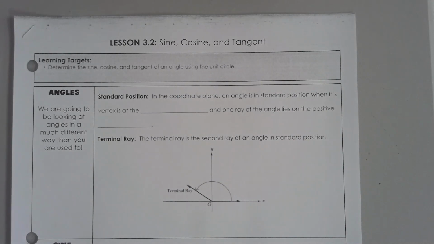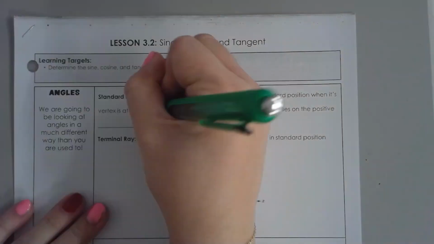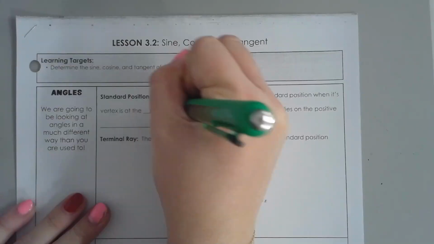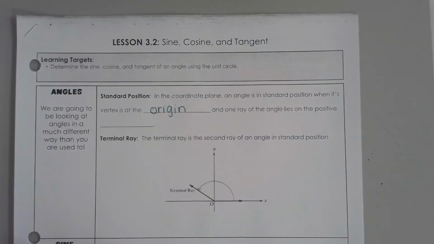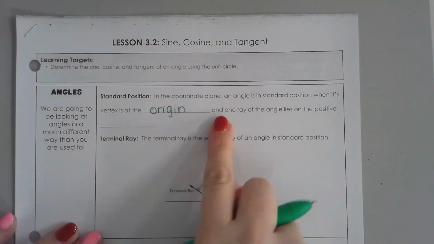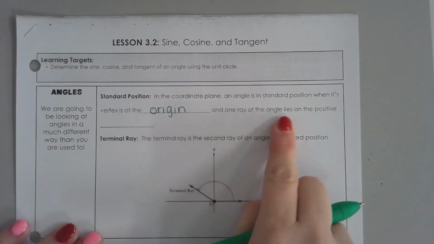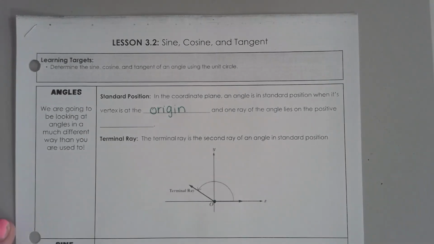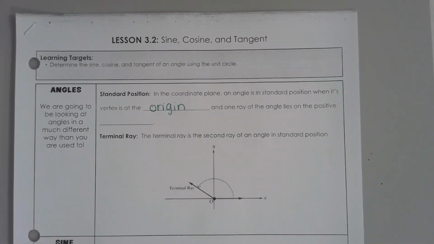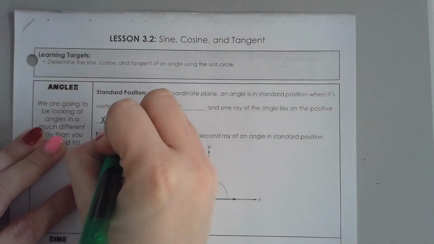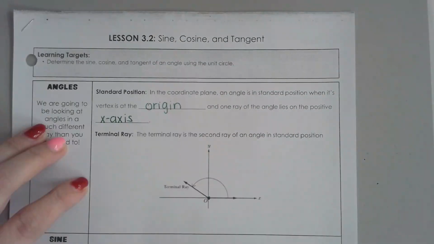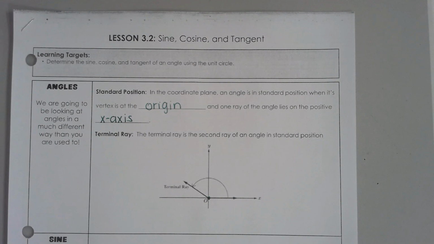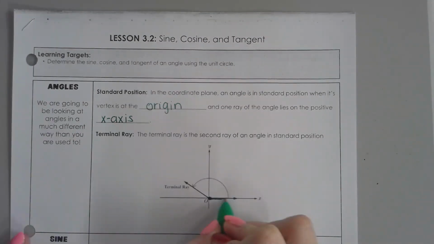So an angle that's in standard position, one side of the angle, when that side is on the positive x-axis, is right here.